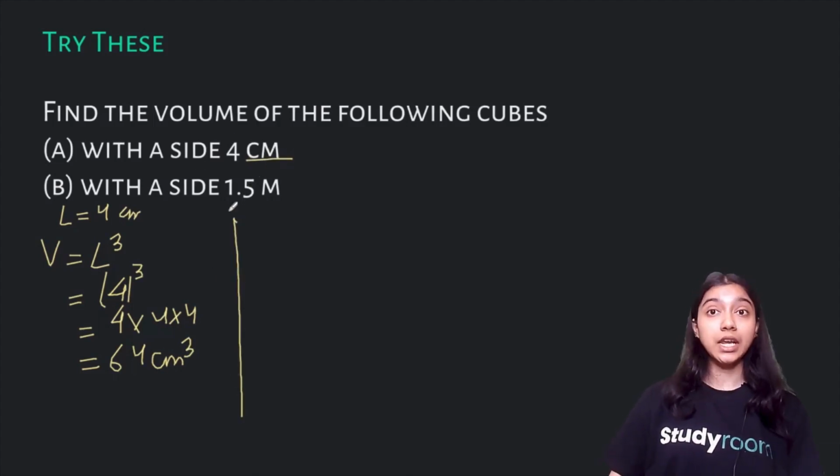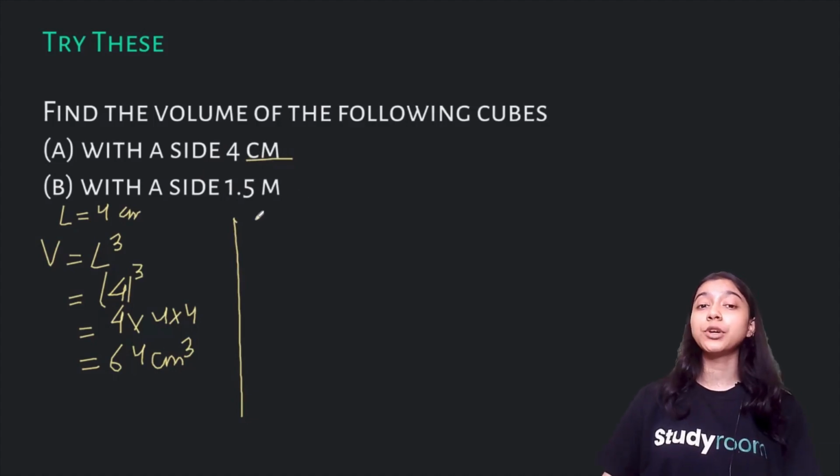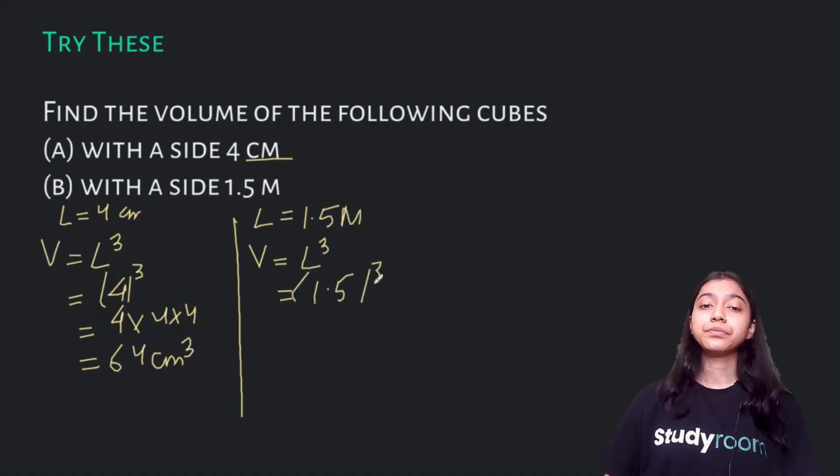Now we have another cube in which each of the side is 1.5 meter. That means L is equal to 1.5 meters. So the volume of this cube will be equal to L cube, that is 1.5 whole cube. Now 1.5 whole cube means 1.5 multiplied with 1.5 multiplied with 1.5.